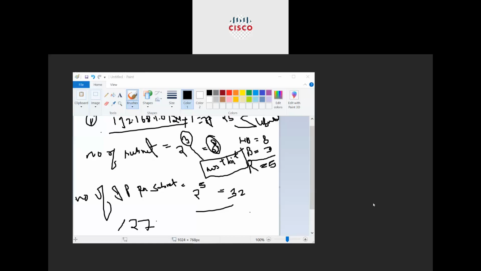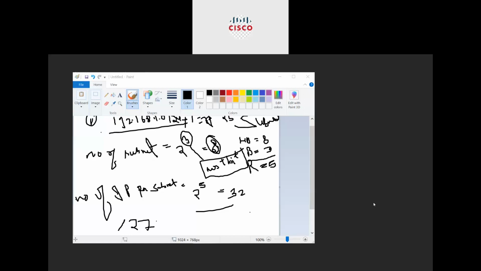From class B it is 172.16.0.0 to 172.31.255. So it is from 16 to 31, so we have 16 networks actually from class B, and from class C we have a total number of 256 networks.